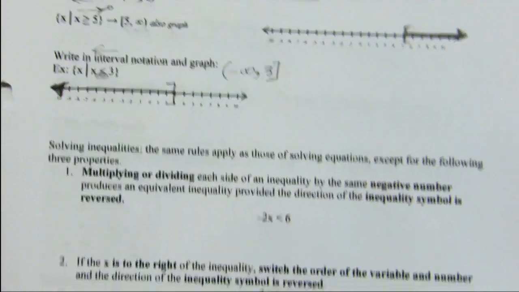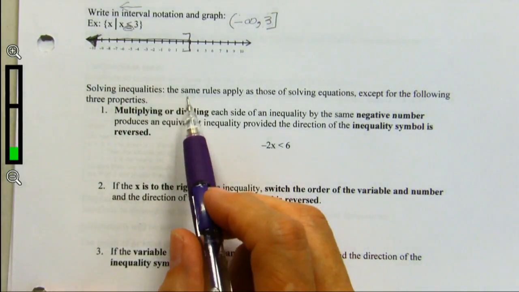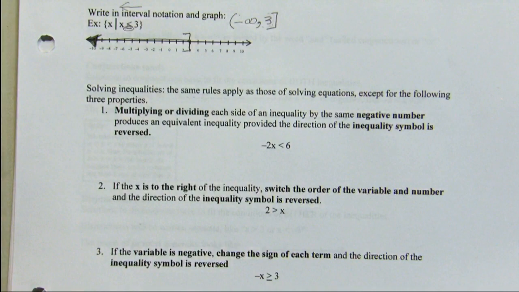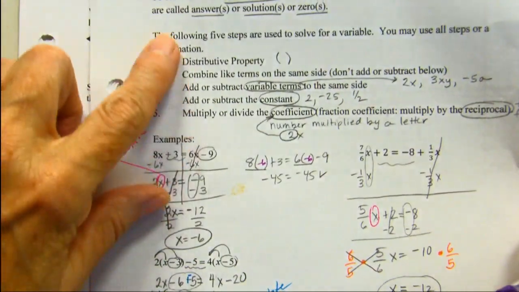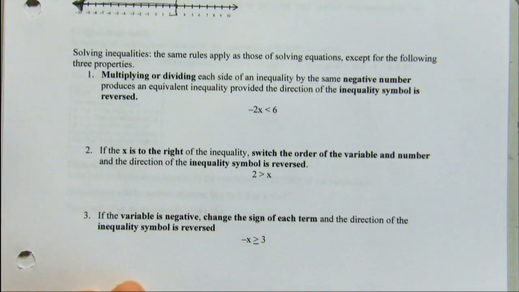Okay, solving inequalities is the same rules that apply for solving equations, okay? So we had those 5 rules. Same thing's going to apply, except we have 3 more properties that happen when we have inequalities.